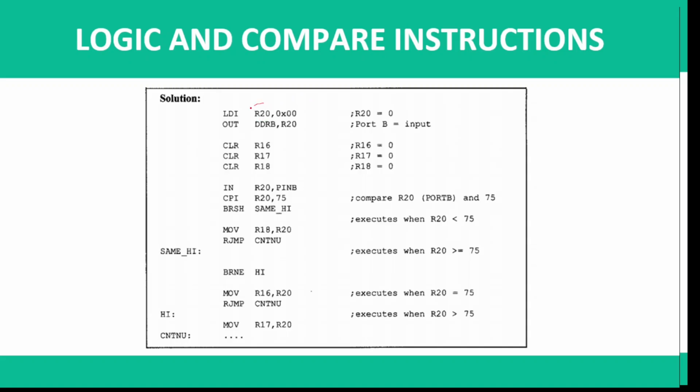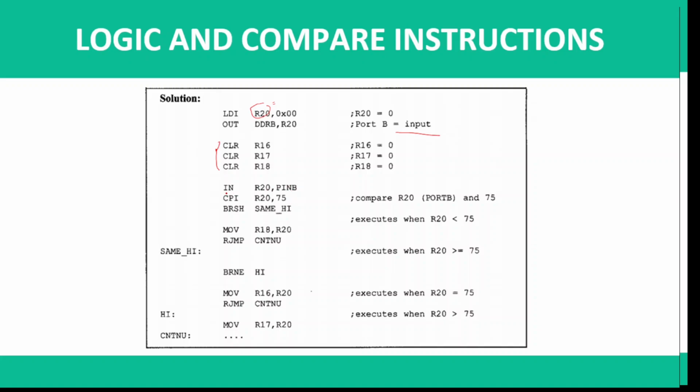So this R20 now has a value equal to 0, and this would be put in DDRB. So this is an input now. We have an input for port B. So initializing registers 16, 17 and 18 for us to have those values of temperature depending on the value of what we read in port B.